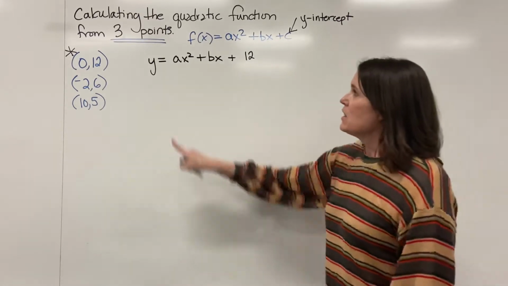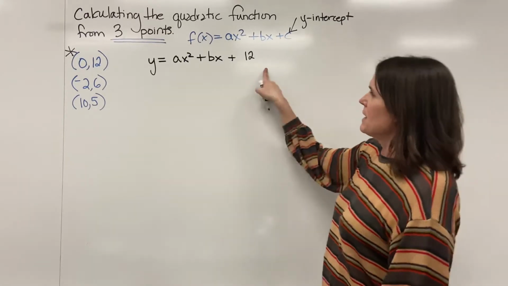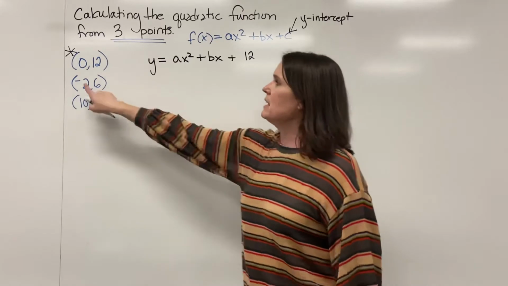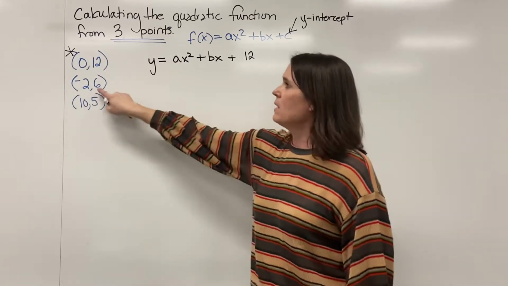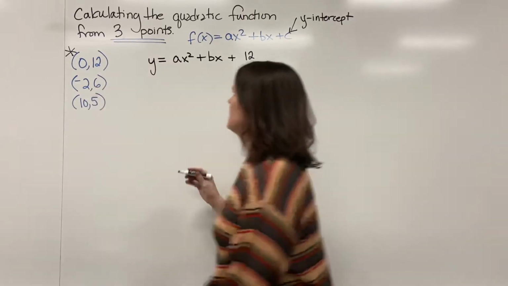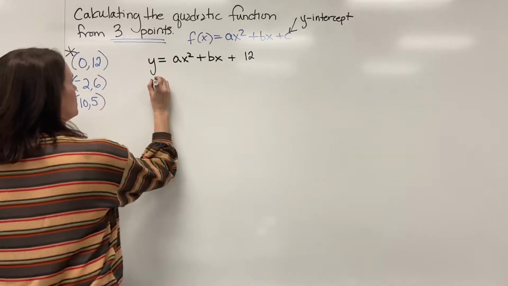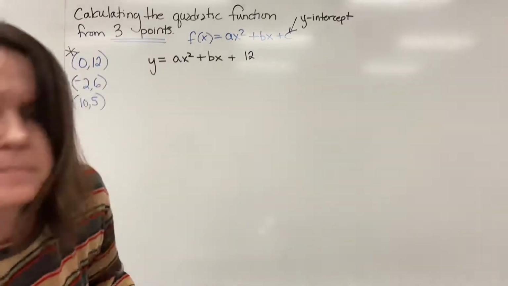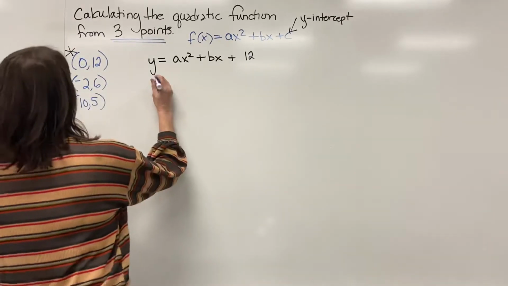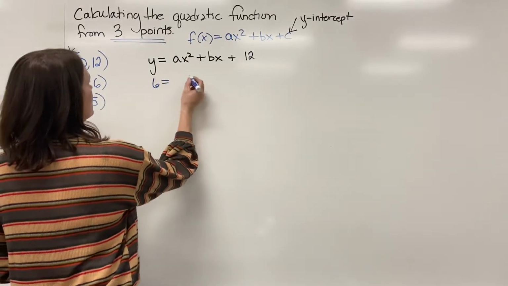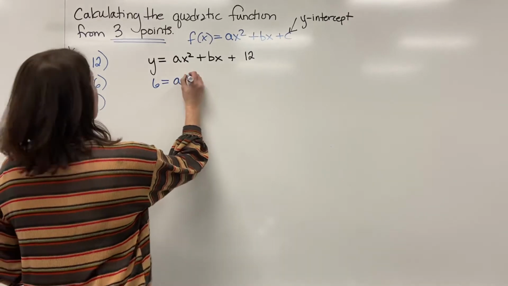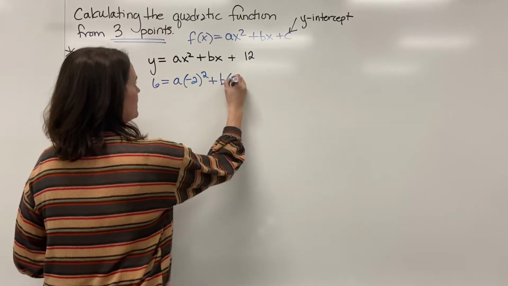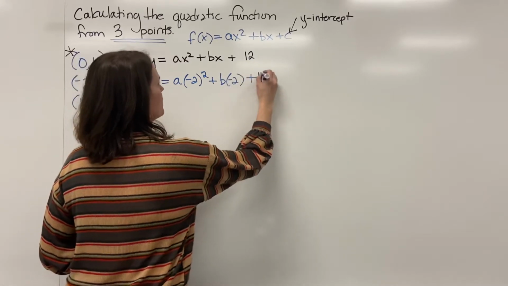Okay, so I'm going to take my function here, my equation, and I'm going to replace all of the x's with -2 and the y with 6. Okay, so if I do that, I get 6 equals a times -2 squared plus b times -2 plus 12.